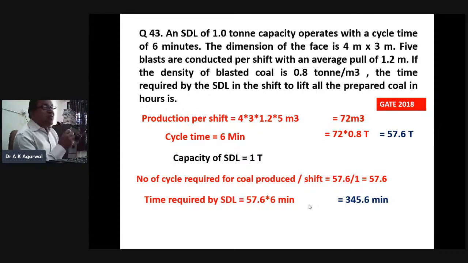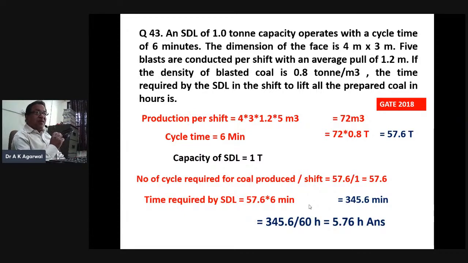So time required by SDL to load the complete coal produced in the shift is 345.6 minutes. This divided by 60, you will get in hours, that is 5.76 hours. So one single SDL will load the complete coal in 5.76 hours.